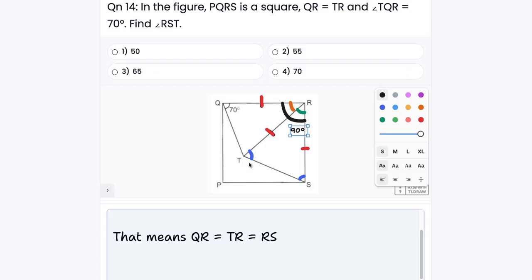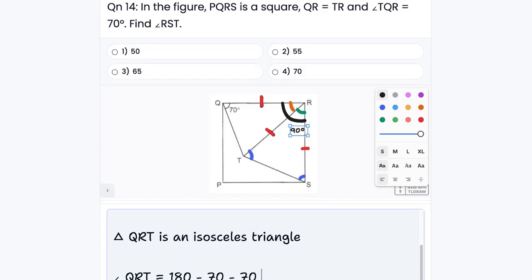So it's QRT. So angle QRT, since triangle QRT is an isosceles triangle, is 180 minus 70 minus 70, which is 40, right? So yeah, 40 degrees.